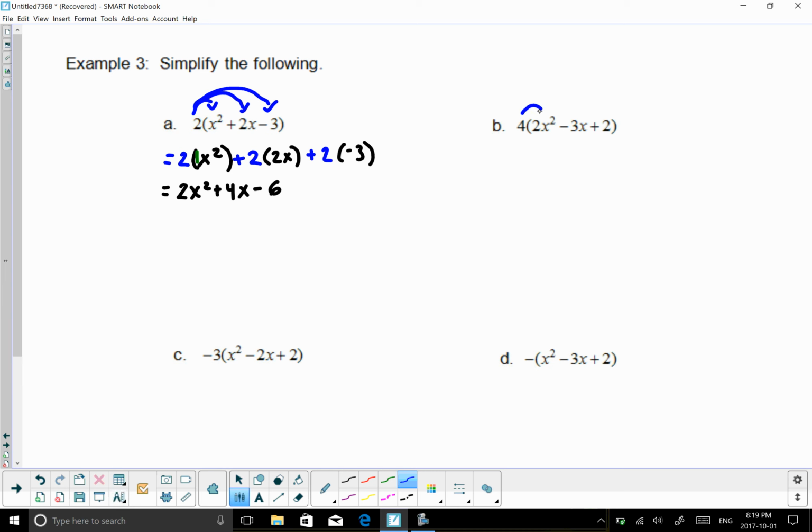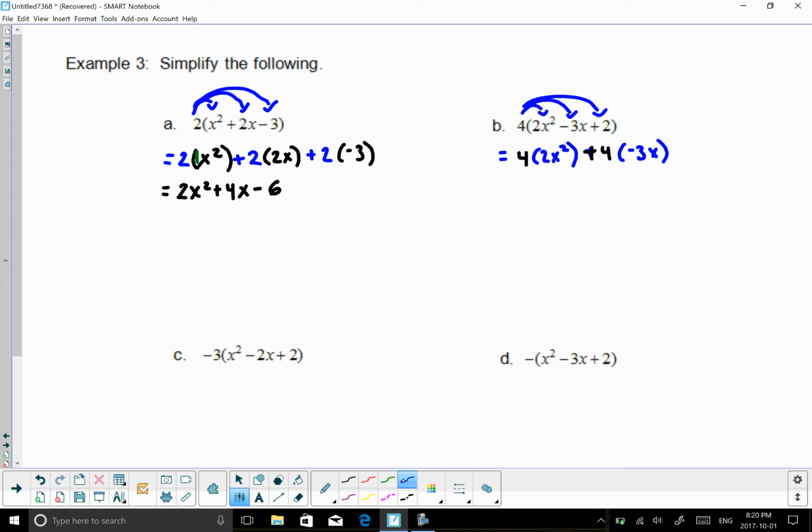So again, 4 times each term in the brackets. Terms are separated by plus and minuses. So I'm going to multiply the 4 times the 2x squared. And then the positive 4, it's plus here, that's why I'm writing plus, times the negative 3x.